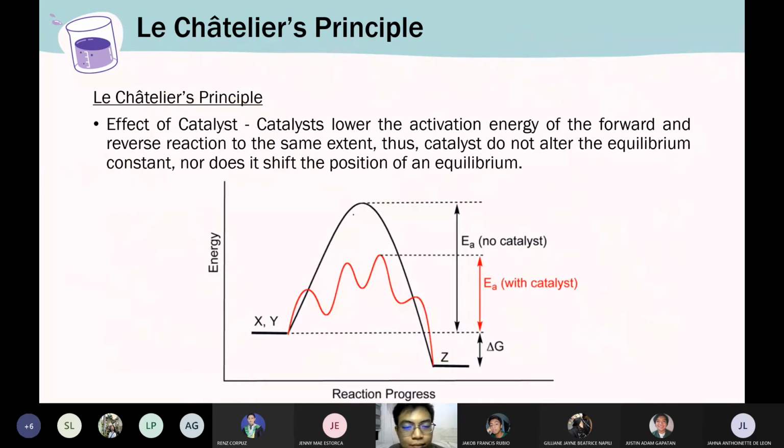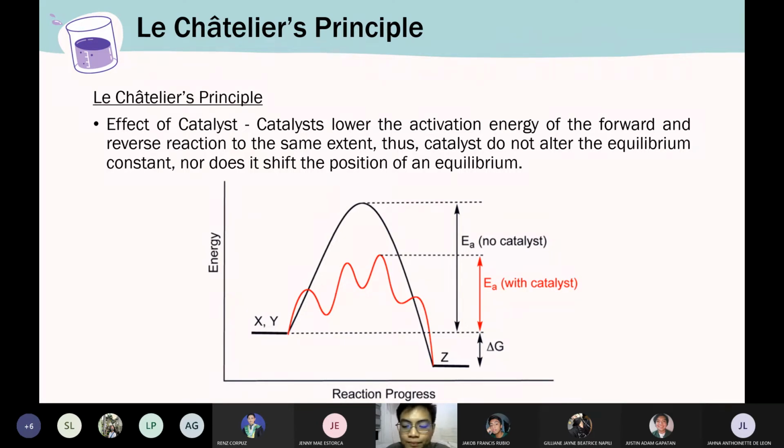Okay. Lastly, effect of catalyst. The catalyst doesn't affect the equilibrium system. Why? Kasi we know that catalyst speeds up the reaction. And in equilibrium reactions, there are two reactions, yung forward and reverse. Meaning, if you add catalyst, both of the reactions will get sped up.